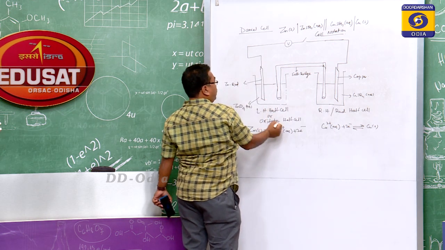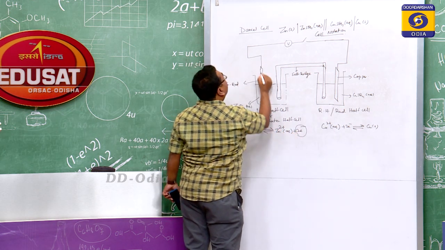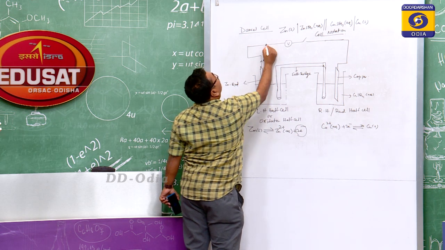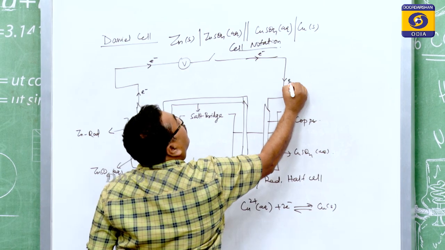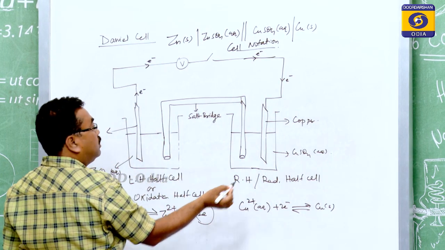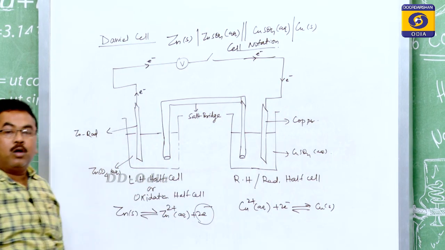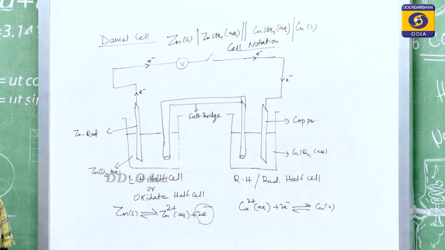The lost electrons, these electrons that come out, move in this way. The electron movement is like this, and the conventional current always moves opposite to the flow of electrons.